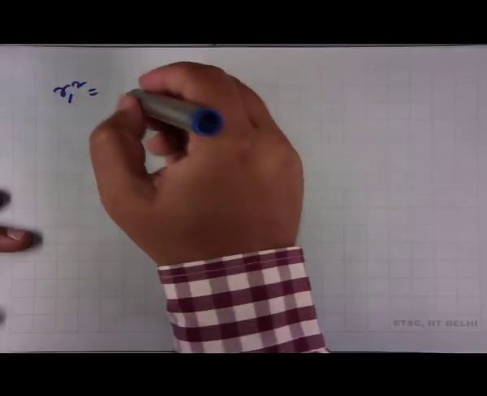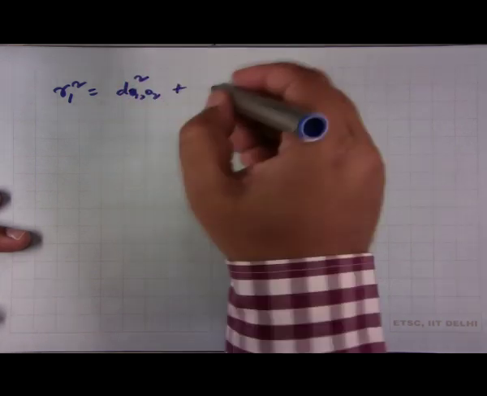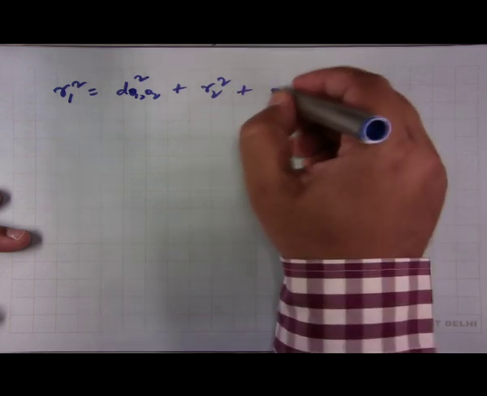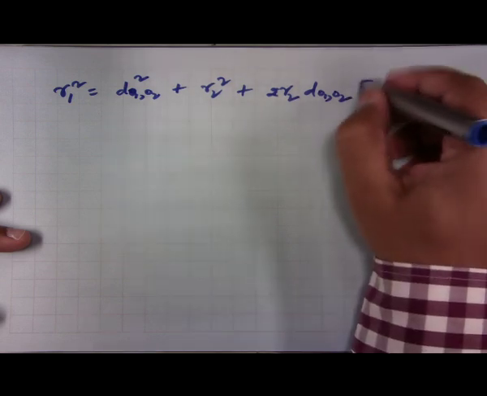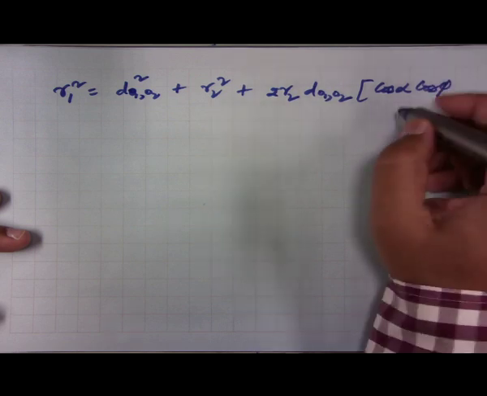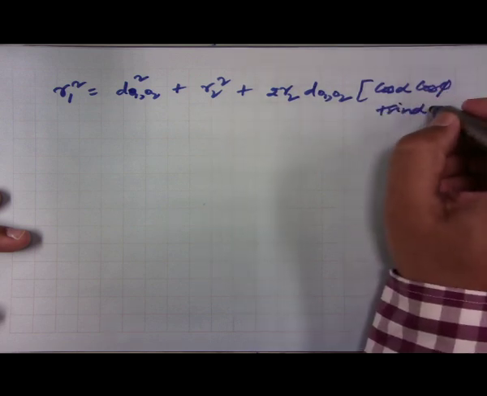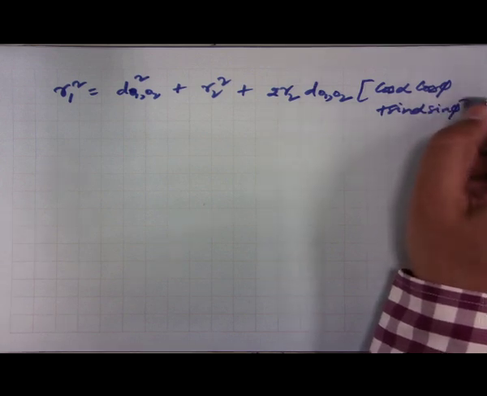Therefore, r1 square is d O1 O2 whole square plus r2 square plus 2 r2 d O1 O2 times cos alpha cos phi plus sin alpha sin phi.